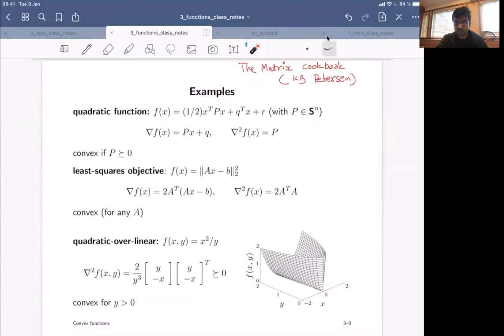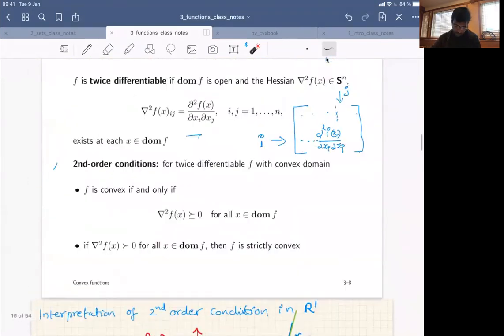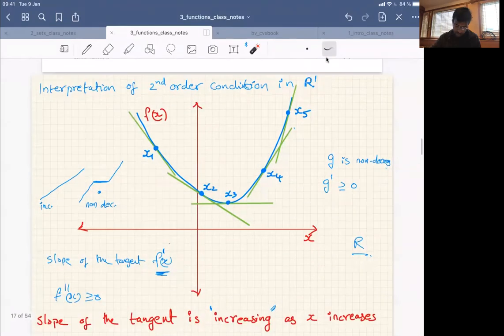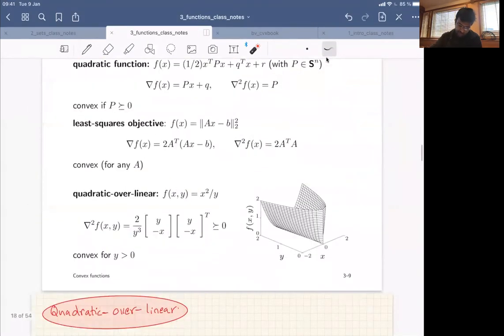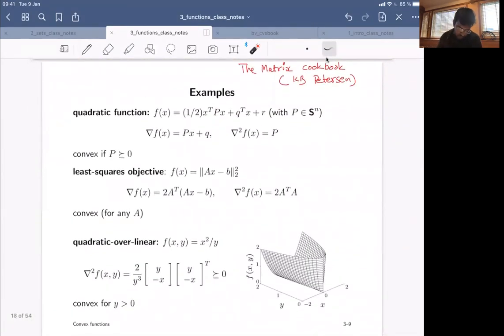So that's the second order condition. We have a nice interpretation here. And now we move to an example using the second order condition.